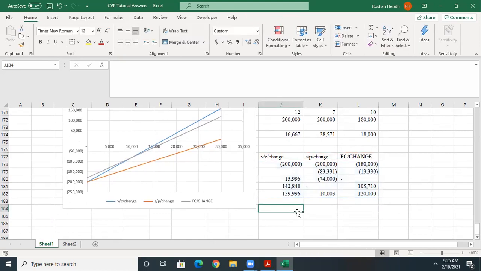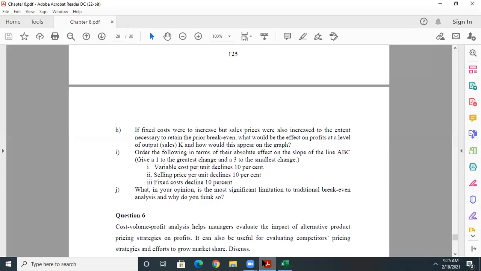What is having a significant impact? Out of the 3 variables, the variable cost change comes first, then we have the fixed cost change next, and sales price drop is the third.